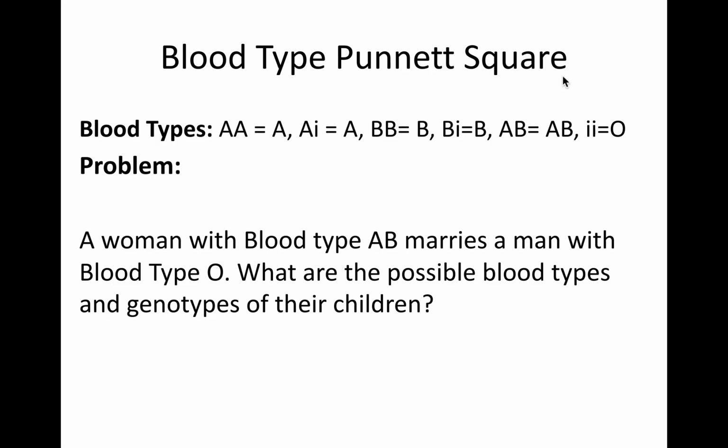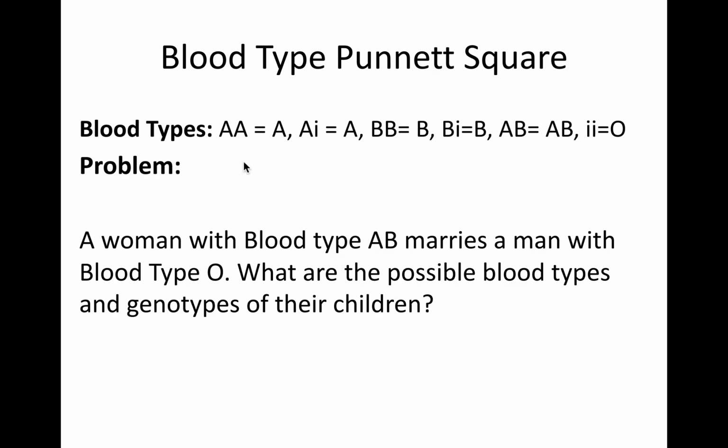You're going to use 4 squares for the monohybrid cross. Remember, these are the blood types right here. The problem is a woman with blood type AB marries a man with blood type O. What are the possible blood types and genotypes of their children?